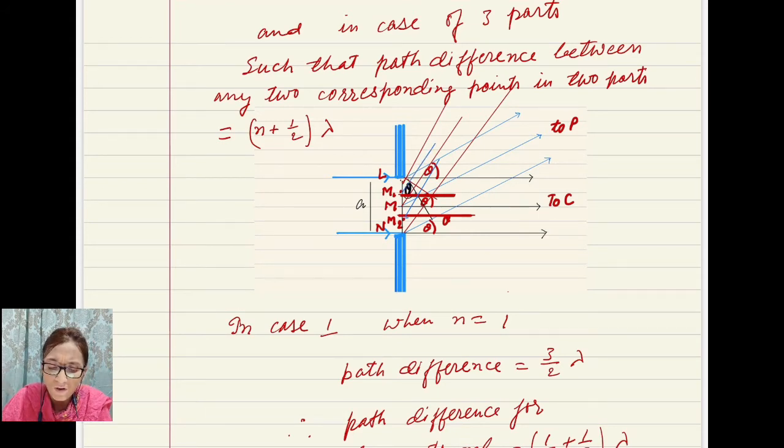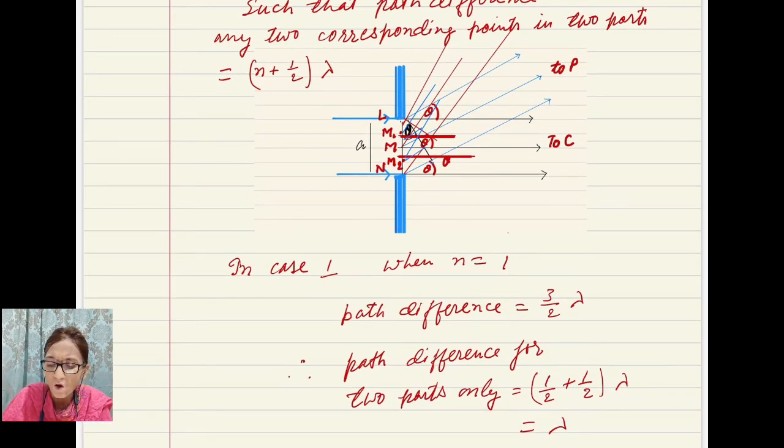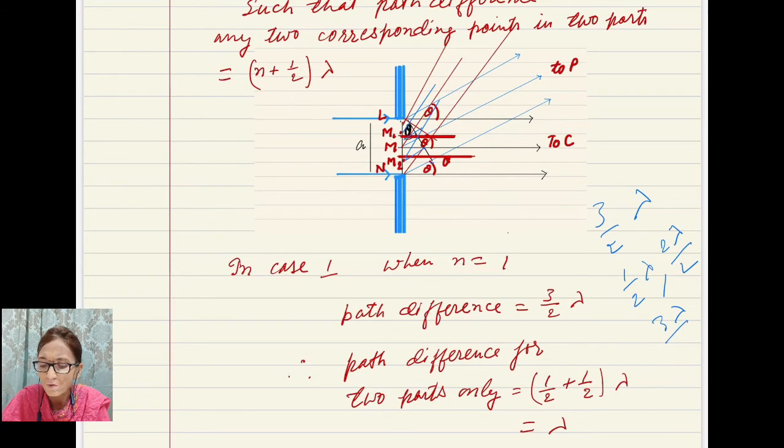So the path difference for this part is this much, so the path difference will be reduced. And you will find that the path difference for the longest part is 3/2 lambda, so it will obviously be 1/2 lambda, 2 lambda by 2 and 3 lambda by 2.